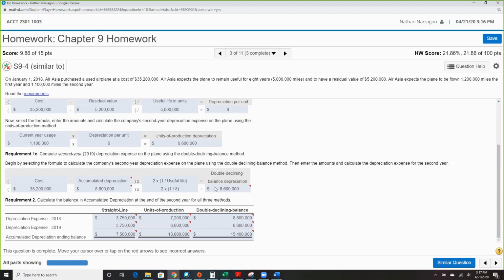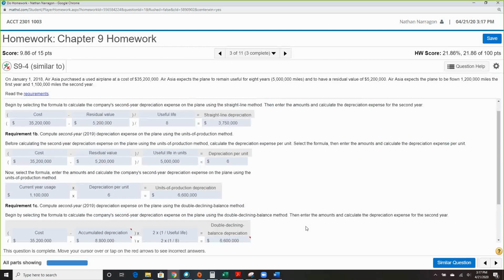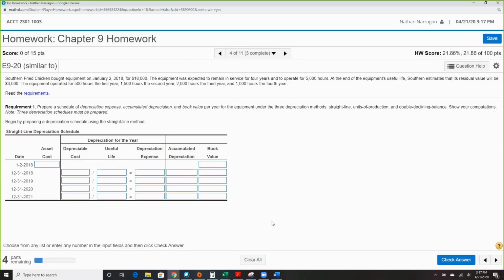And then we take the 6,600 of this problem, and we're basically going to add them together, and that's our accumulated depreciation. Alright. Okay. Get out of this one. This one's I don't like. And then they give us a table.